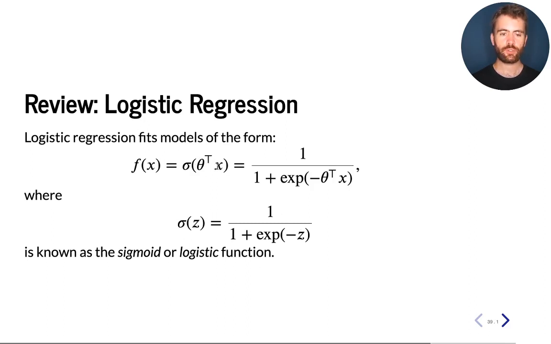Essentially, the sigmoid function takes a real number that's given by the dot product of theta and x, and it squeezes it such that it is between 0 and 1. And when we put it within this function f, we have the following form.